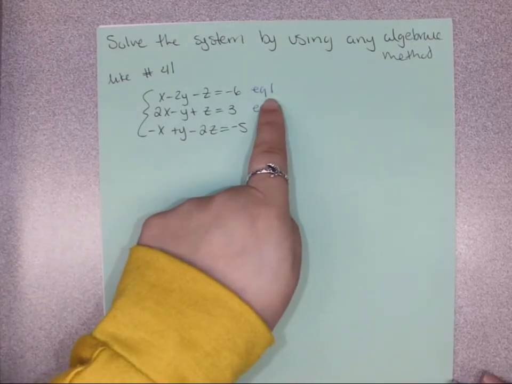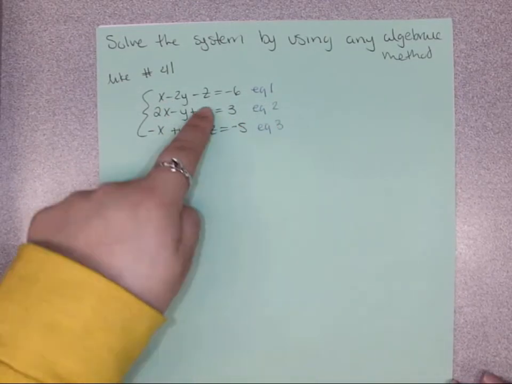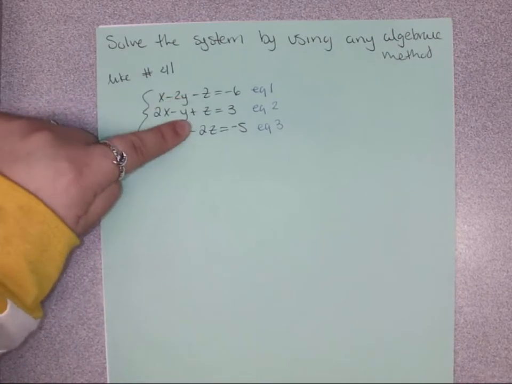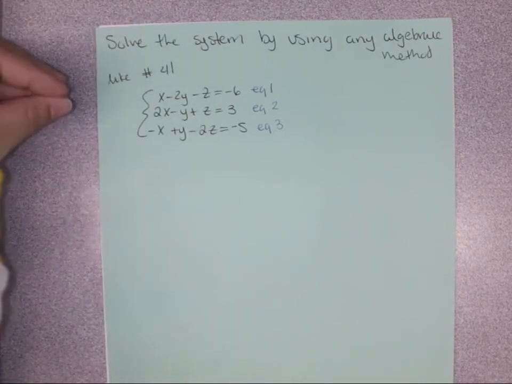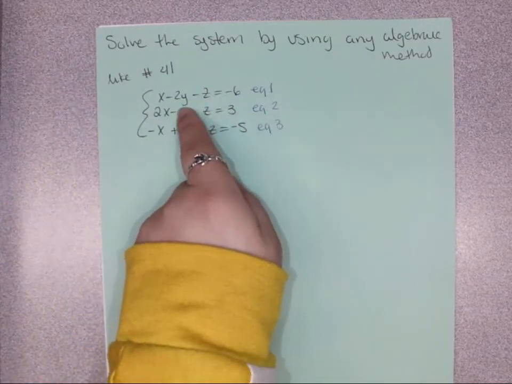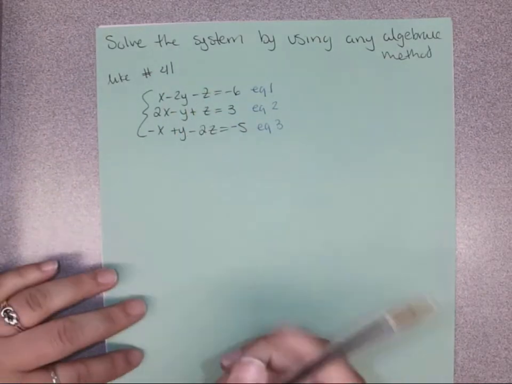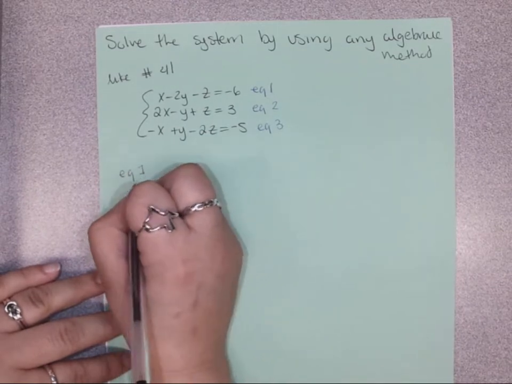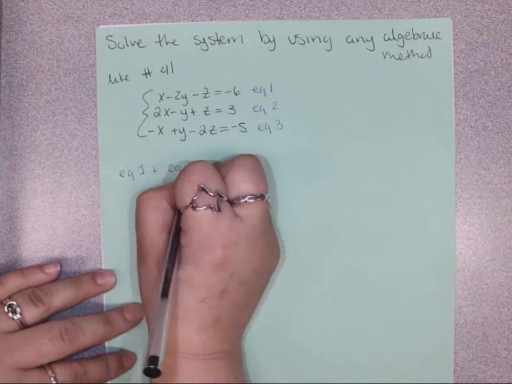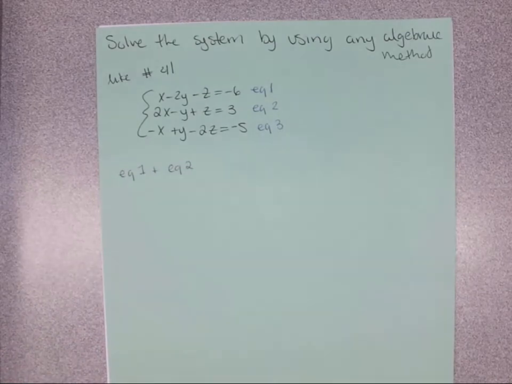If you look at equation 1 and equation 2, we have negative z and positive z. So if we were to add them together, it will automatically get rid of one of the variables. So I'm going to take equation 1 and equation 2 and add them together.